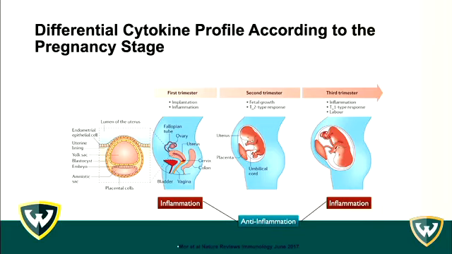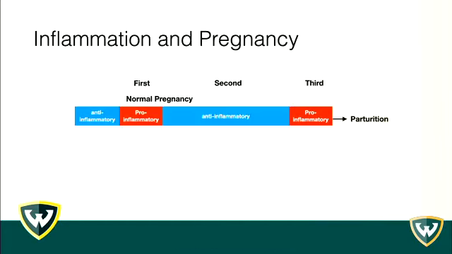And again, there are two stages of inflammation, early pregnancy and late pregnancy. It's just in the middle of the pregnancy where we can see this anti-inflammatory condition. So to put it in a graphic, there is an anti-inflammatory state before the pregnancy. At the time of implantation in the early pregnancy there is a very strong pro-inflammatory state, and then there is a switch from pro-inflammatory into anti-inflammatory.